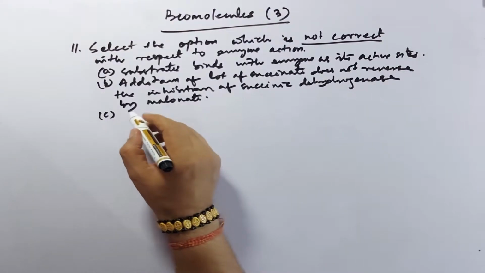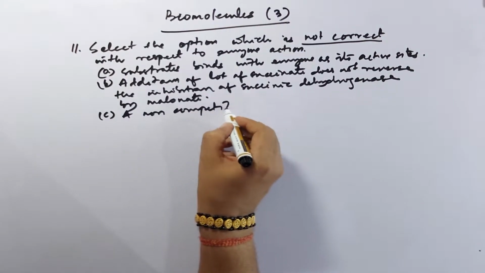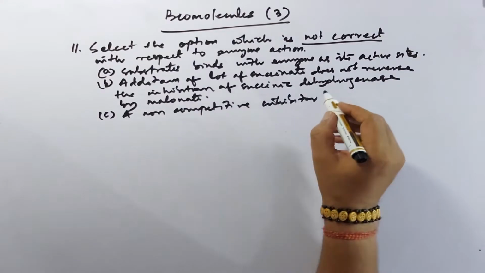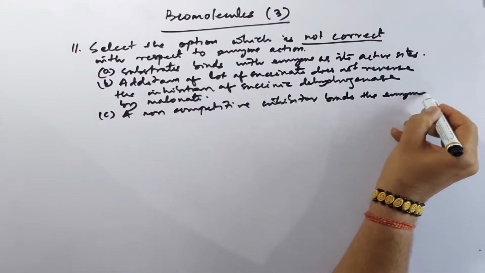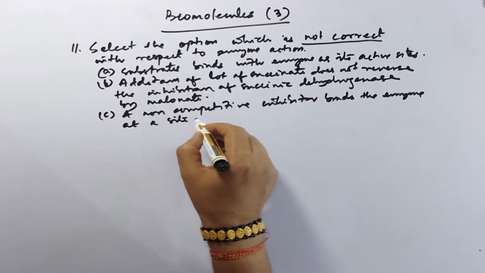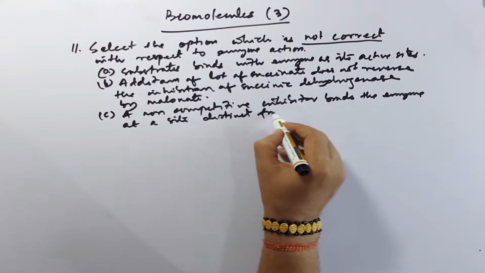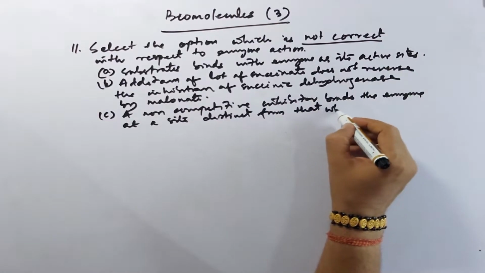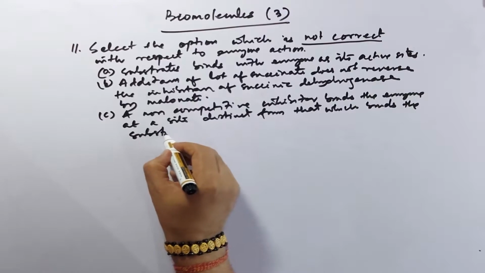And C option is a non-competitive inhibitor binds the enzyme at a site distinct from that which binds the substrate.